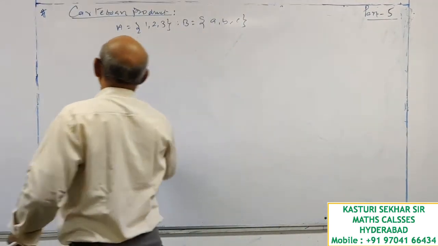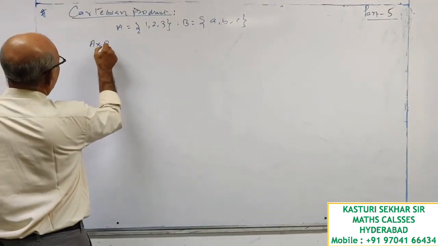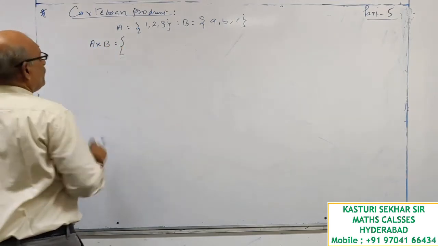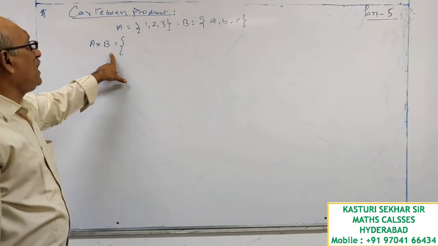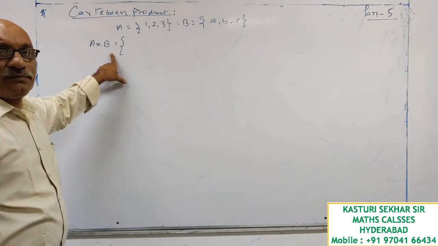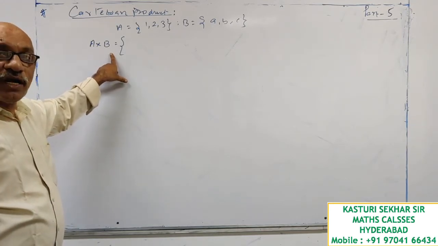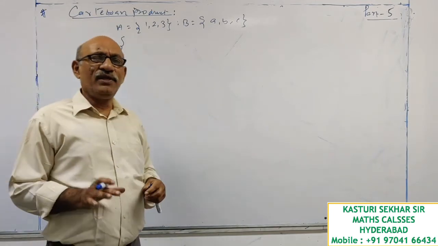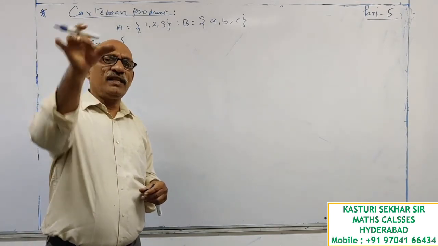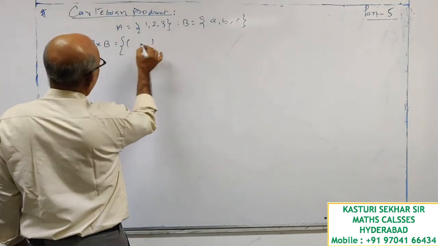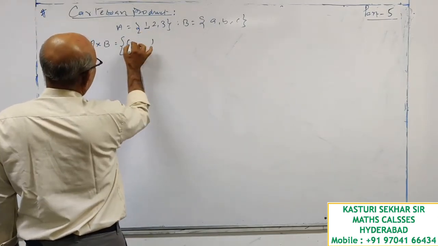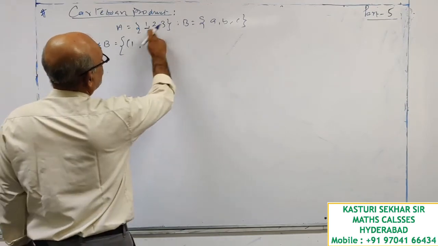Cartesian product, how can it be written? A cross B. This is the Cartesian product of these two sets. It is also a set, but it contains ordered pairs. Ordered pair means two elements which are written with a definite order. What does it mean actually? In the ordered pair, the first element is always from the first set.